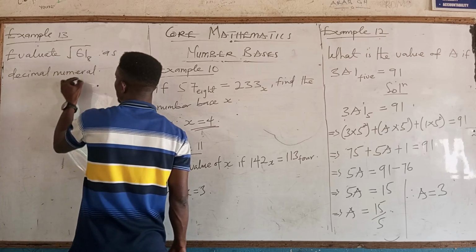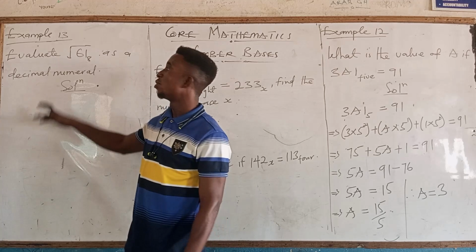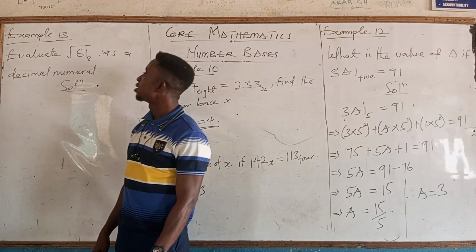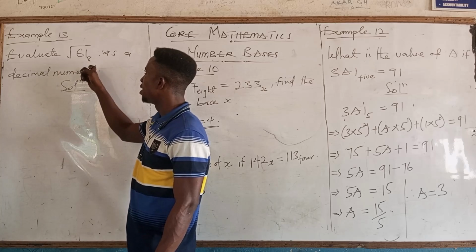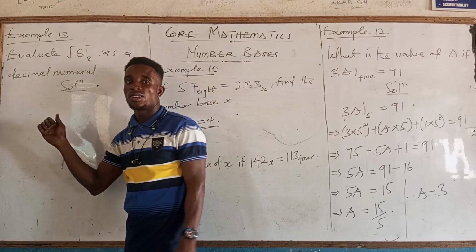So solution. Our last example, which is example number 13, says you have to evaluate the square root of 61 base 8 as a decimal numeral or a decimal number.